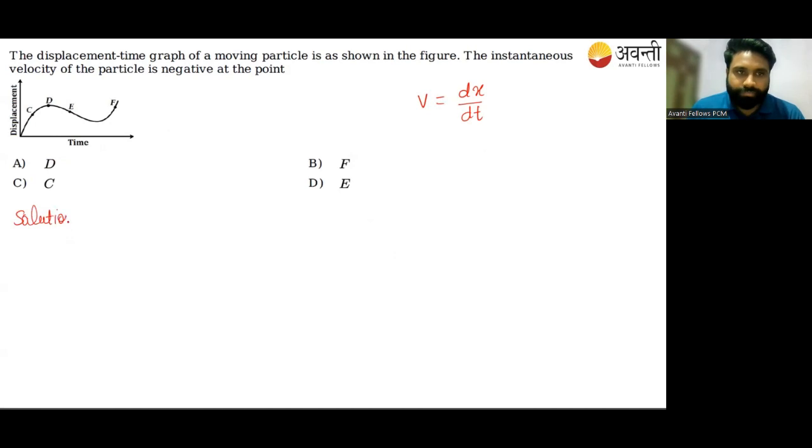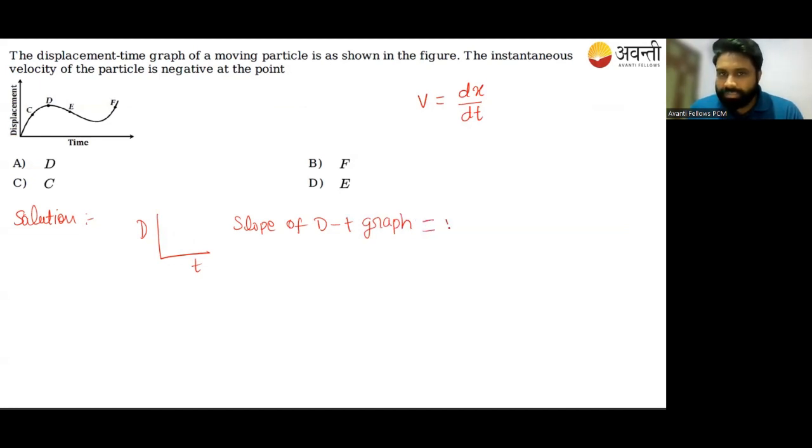Let me write the solution of it. In a displacement time graph, the slope of the graph is equal to the velocity, and specifically the instantaneous velocity.